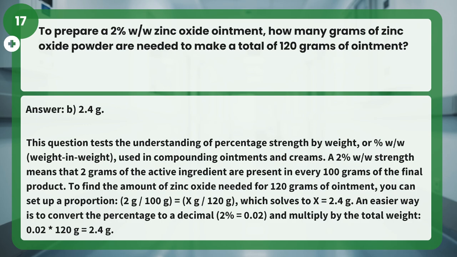To find the amount of zinc oxide needed for 120 grams of ointment, you can set up a proportion, 2 g/100 g equals x g/120 g, which solves to x equals 2.4 g. An easier way is to convert the percentage to a decimal, 2% equals 0.02, and multiply by the total weight, 0.02 times 120 g equals 2.4 g.